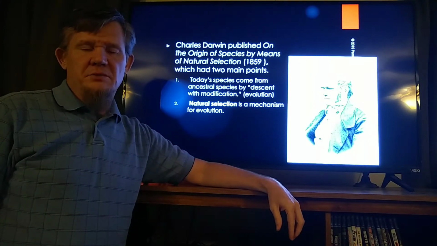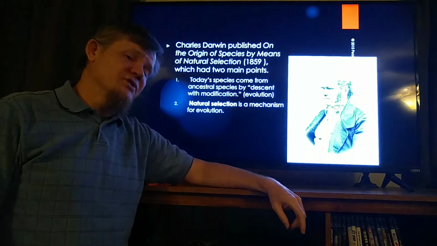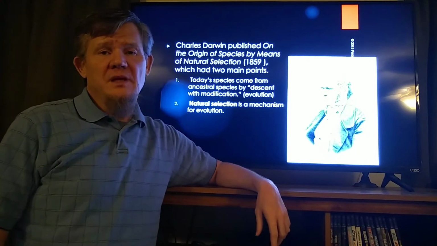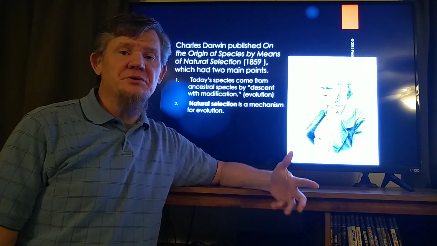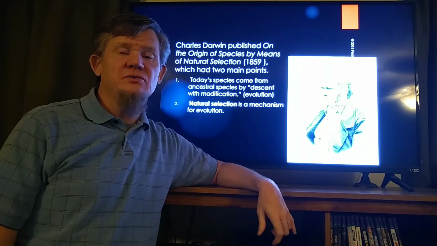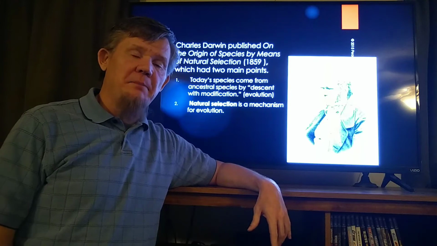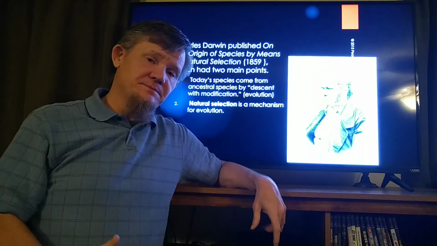The second major principle was this process referred to as natural selection. Natural selection says some individuals do better in the environment because they have traits that allow them to do better. Because those individuals do better, they have more children. They pass those good traits, genes, on to those kids.